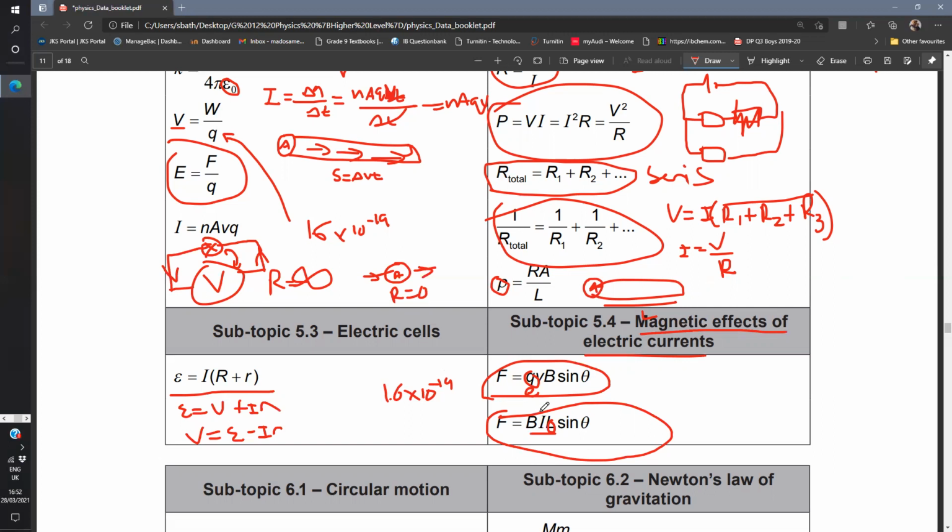And let's say that it's sine 90, for example. Okay, that'll be qvB is equal to mv squared over r. Here what I'm explaining is magnetic fields. If you have a magnetic field, the motion is circular. So you just rearrange that: m, the v's cancel, r equals mv over qB.